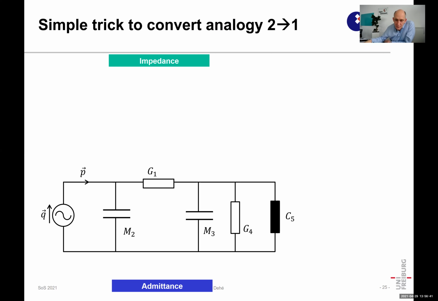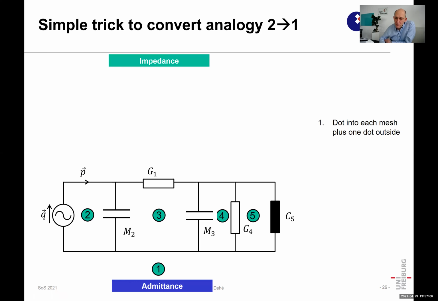You can try to simply redraw your circuitry. In this case, we start with the admittance type, where we have the second analogy. So masses are represented by condensers, and the admittance is given by an inductor. You want to have this in the first analogy, which is sometimes easier to deal with.